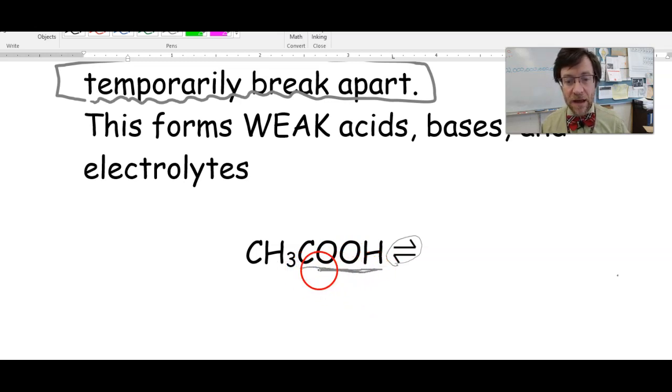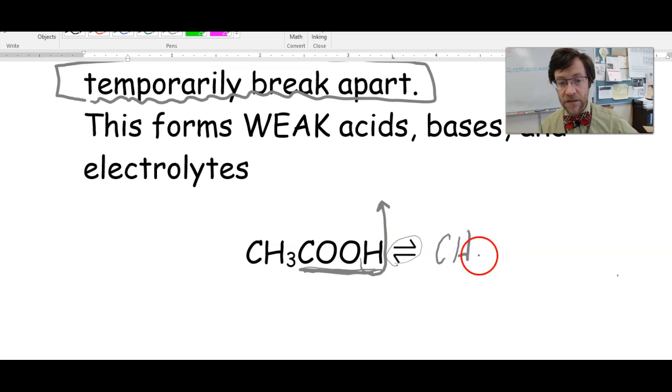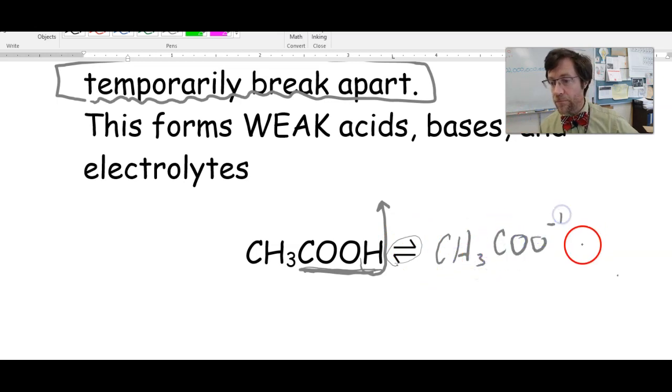Anytime you see this pattern, COOH, you know it's going to be an acid because it is this hydrogen right here that breaks off and dissolves into water and makes the hydrogen ion. So what we get after that breaks off is CH3COO with a -1 and a hydrogen ion.